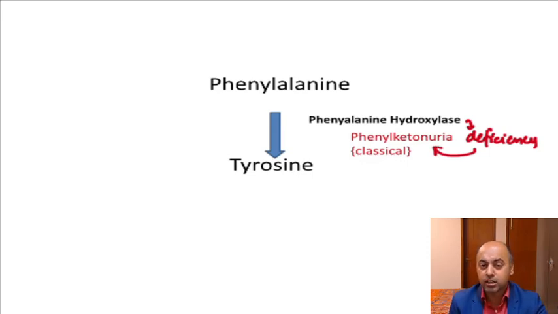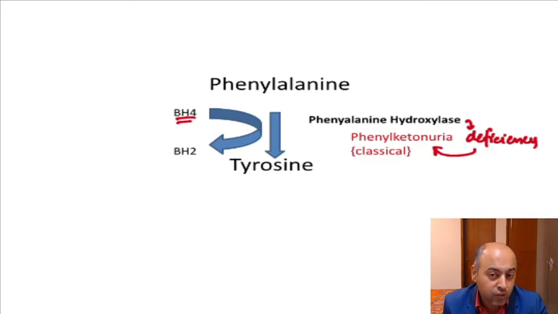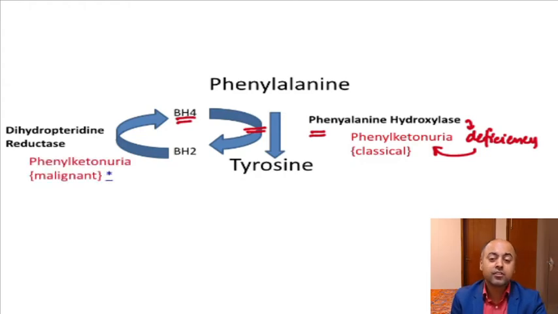But an important point to remember here is this enzyme also requires a coenzyme, which is tetrahydrobiopterin. In due course, it gets converted to dihydrobiopterin and then it is recycled to reform the tetrahydrobiopterin, which can again participate in the reaction. So not only enzyme deficiency, we can have coenzyme deficiency also, and then also you'll get phenylketonuria.